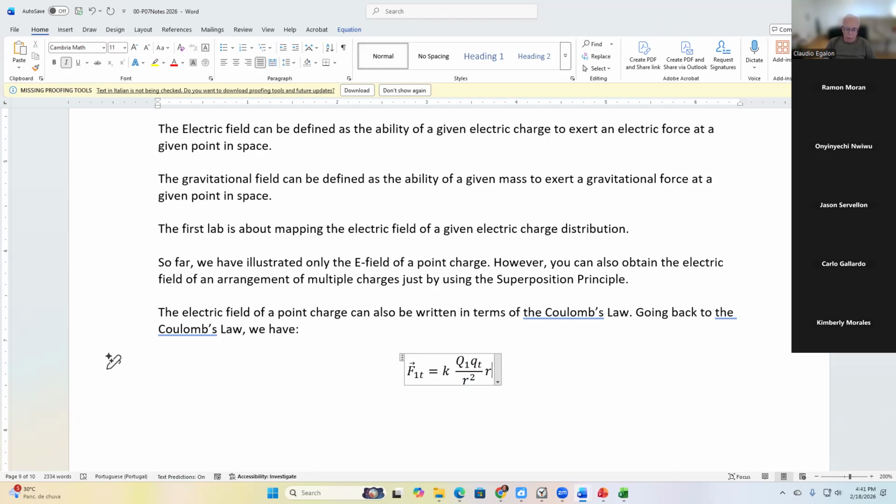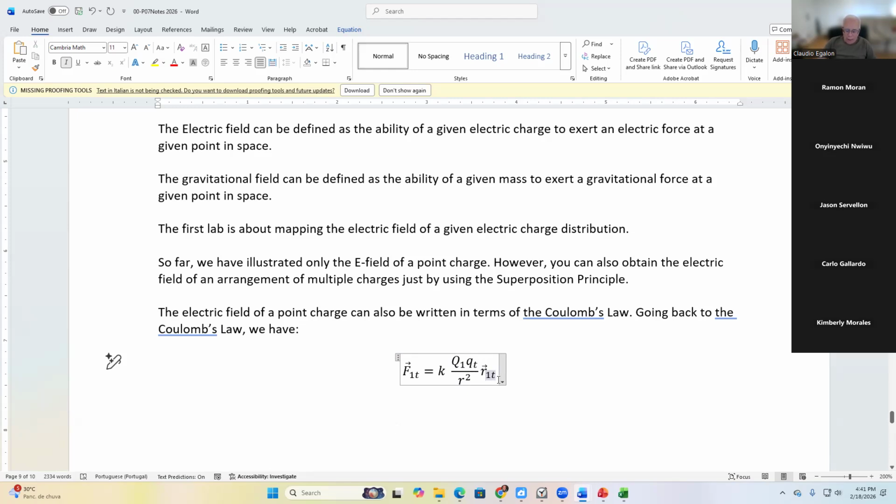I'm gonna call it the unit vector position of the test charge with respect to charge 1. So it is going to be the unit vector that goes from charge 1 to charge T. Okay. And by the way, it's a unit vector.